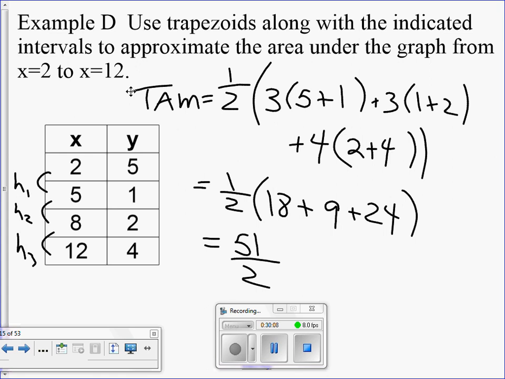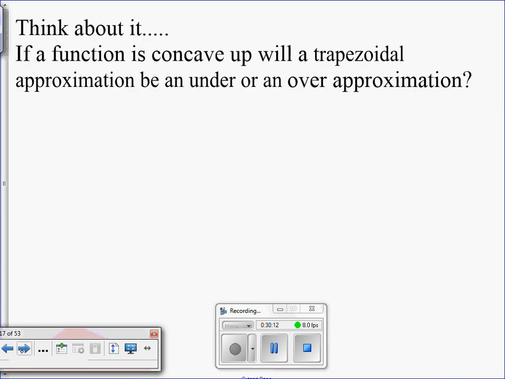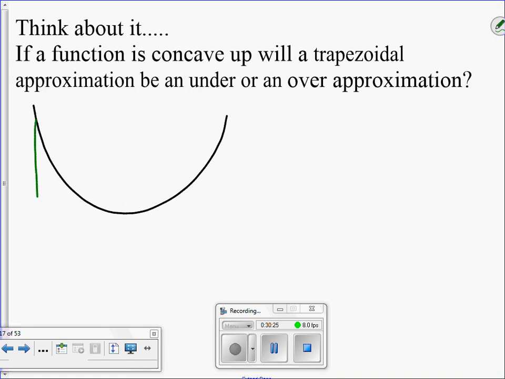I just have to ask you one thing. I have to show you the homework answers too. Now, if you have a graph, a function that's concave up, and you're trying to use trapezoids to approximate the area under the graph, is this going to lead to an over approximation or under approximation?